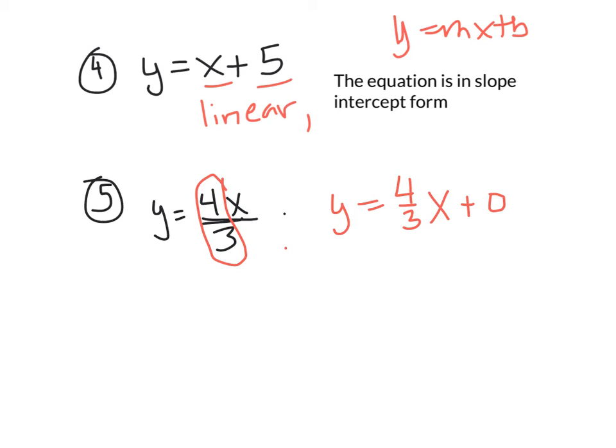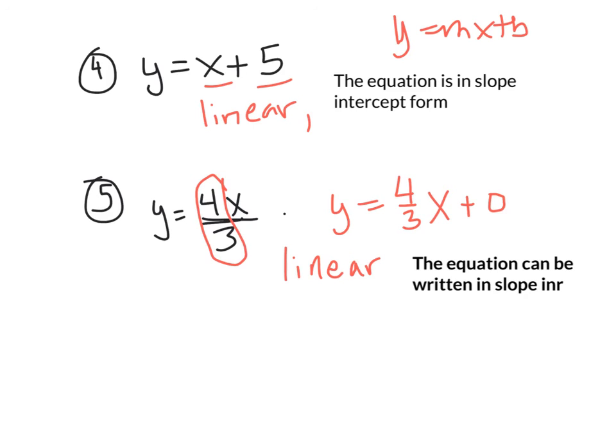So in this case, yes, this one is linear. And you could say it is because the equation can be written in slope-intercept form.